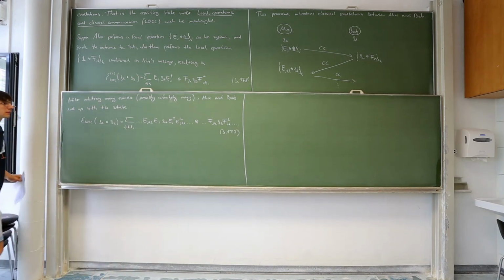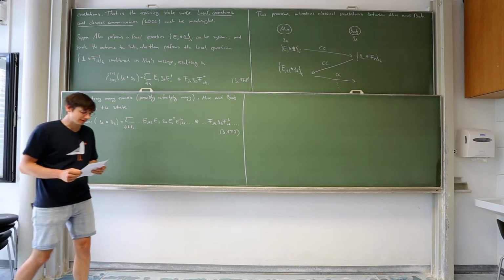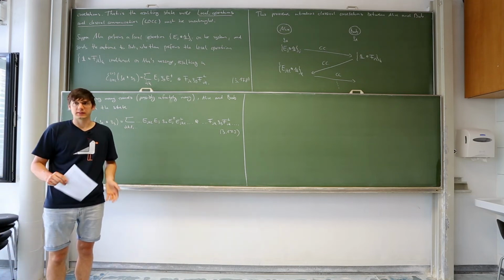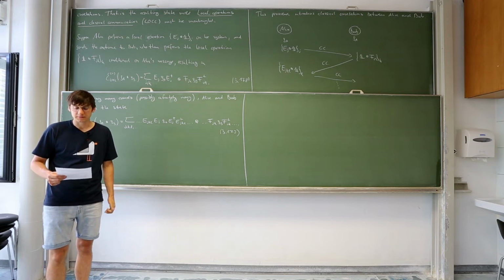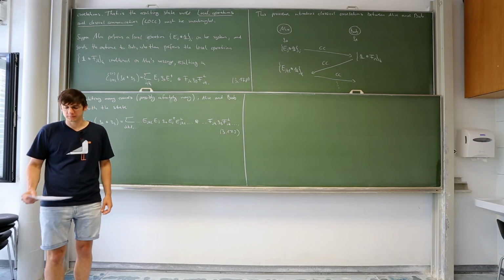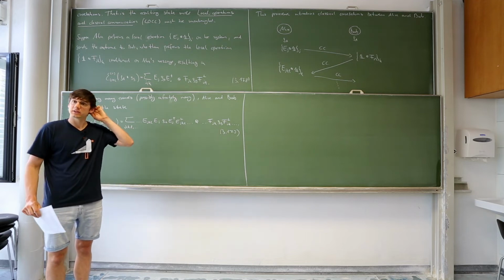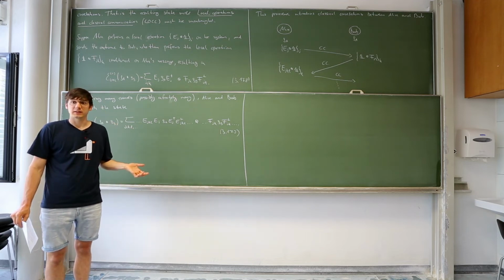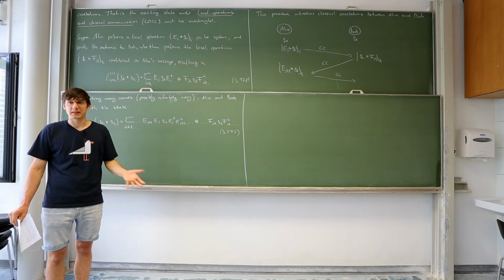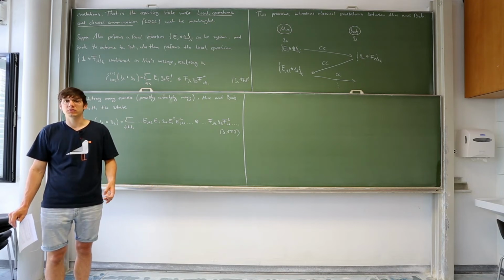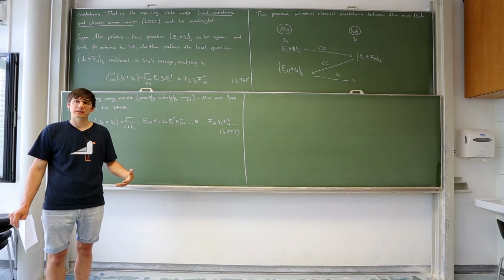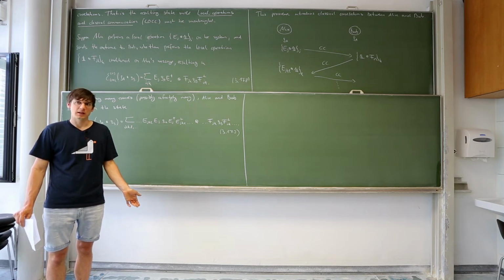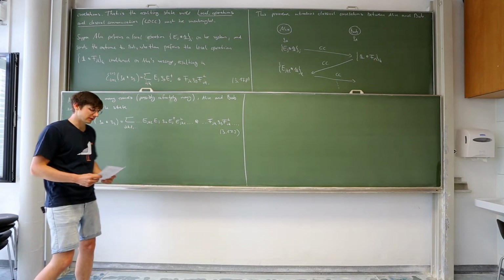Now there's one thing that I'd like to stress: this procedure of LOCC is fundamental for entanglement theory. The reason is that it defines the set of operations under which entanglement cannot increase, right? So we said that if we have local operations and classical communication, we cannot introduce more than classical correlations. And this says that entanglement cannot increase under LOCC operations. And that's why this is fundamental for entanglement theory.